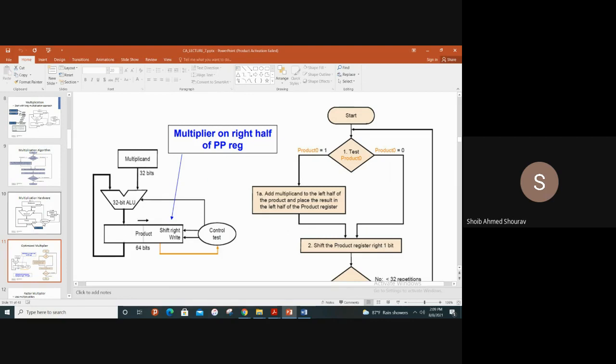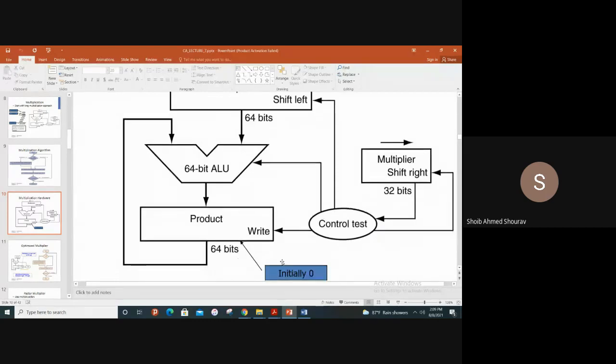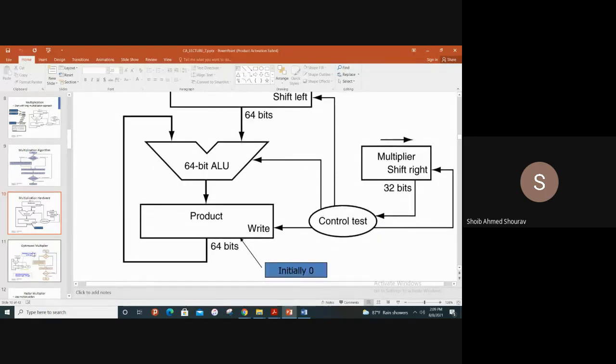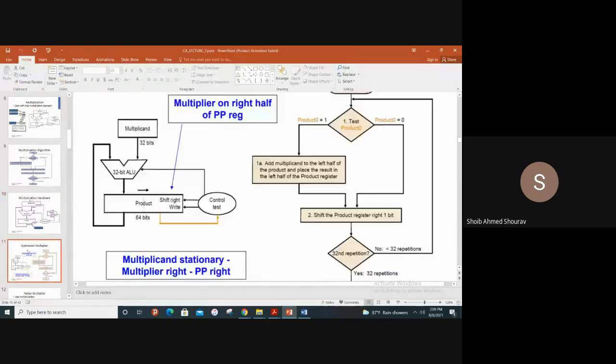Initially, it is 0, like given here that the value of the product is initially 0 in this multiplication algorithm. So the value of the product will be on the left half of the product register, which will be 0. And on the right half of this product register, it will have the value of the multiplier.